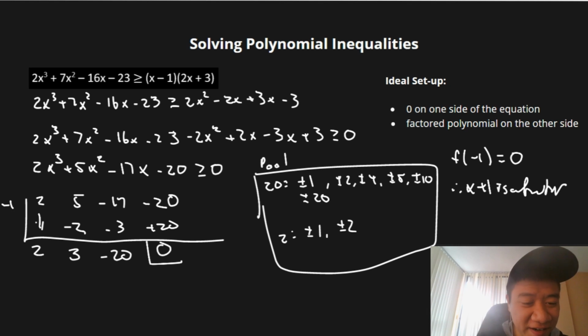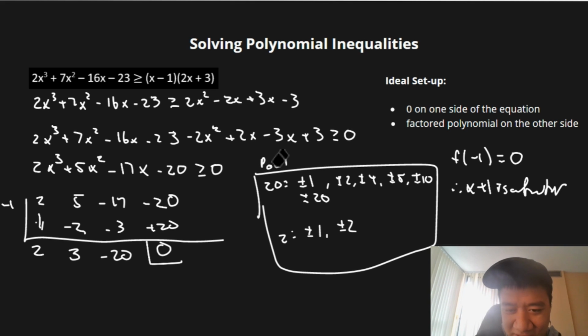A good way to check if you did your synthetic division right is if you get 0. If you don't get 0 at the very end, then you probably did something wrong here, or some sort of weird calculation error. Or you might have plugged your number into your calculator and somehow that messed up too. That's actually very common. So either one of these two mistakes. The very indication that you got this right is if you have 0 at the very end as your remainder.